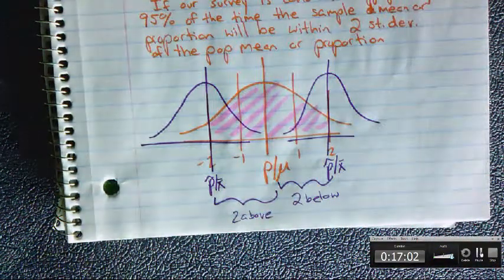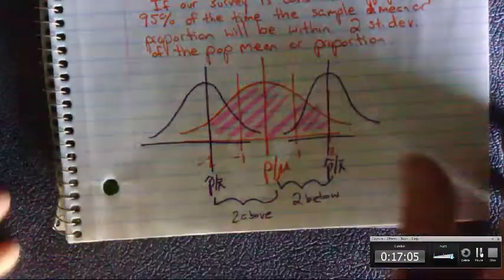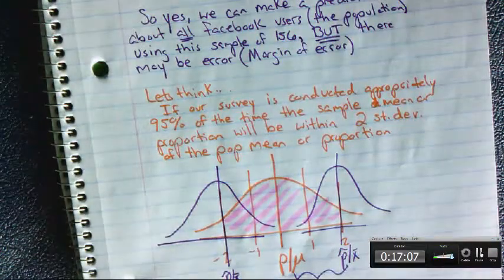So this 2 above and 2 below is what tells us our margin of error.